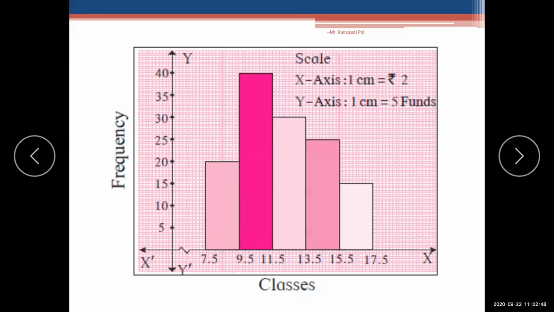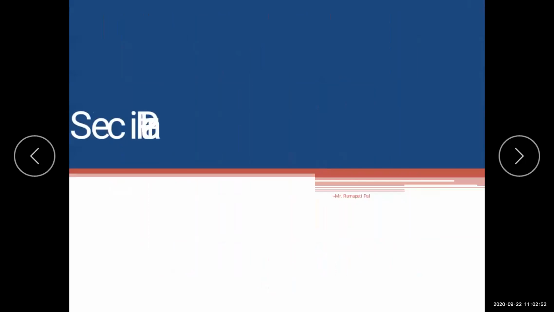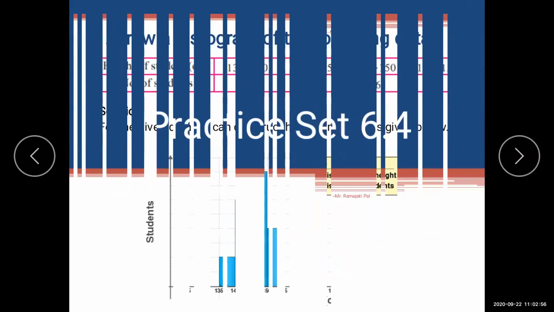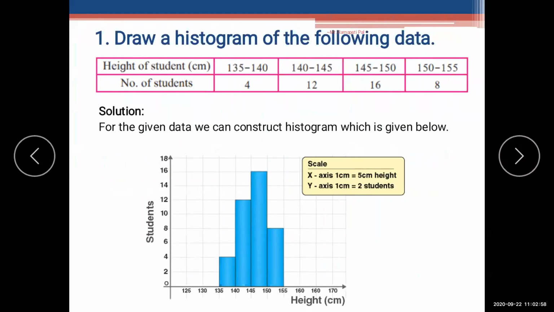Okay. Let's see exercise 6.4. Now first question. Draw a histogram of the following data.